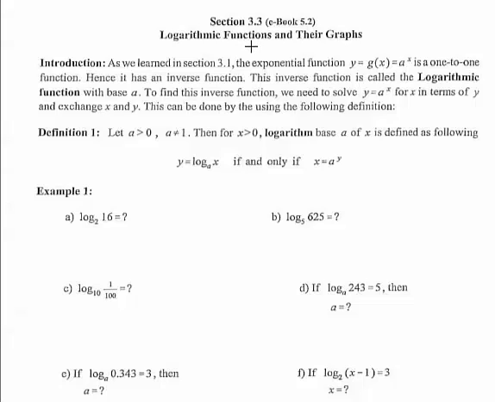We already have a good idea of what an exponential function looks like, and to figure out what the graph of a logarithmic function looks like, we simply need to mirror it about y equals x, as we would with any inverse function.